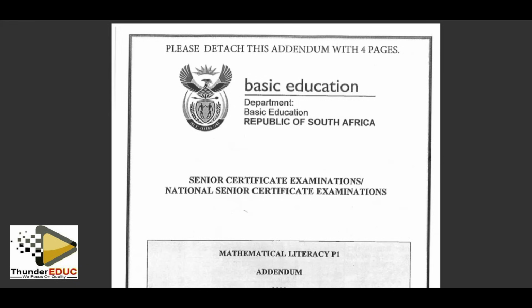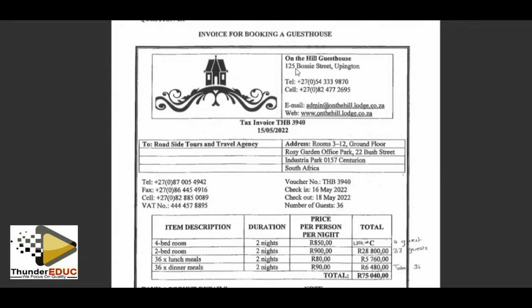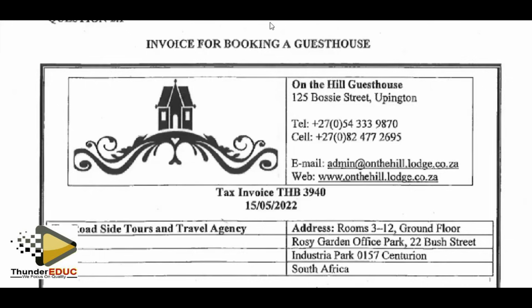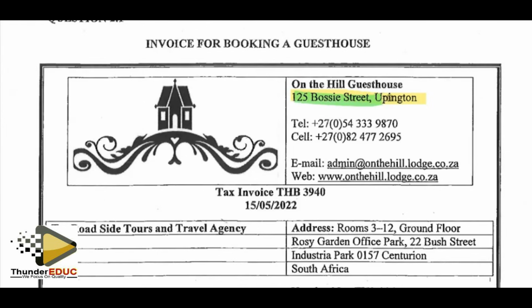We need to go to the addendum. So the address is this one here. The address will be this one. So we go back here and write.